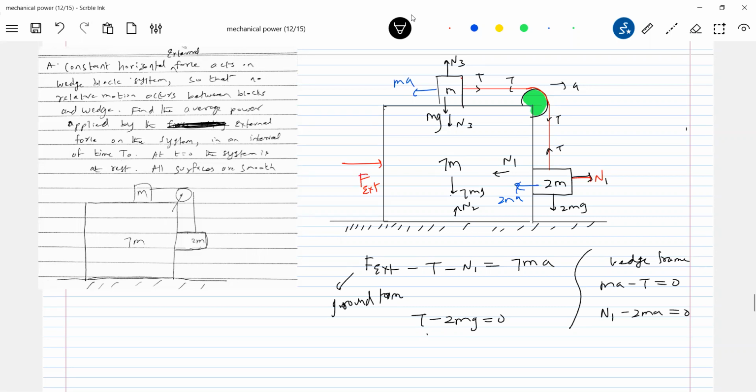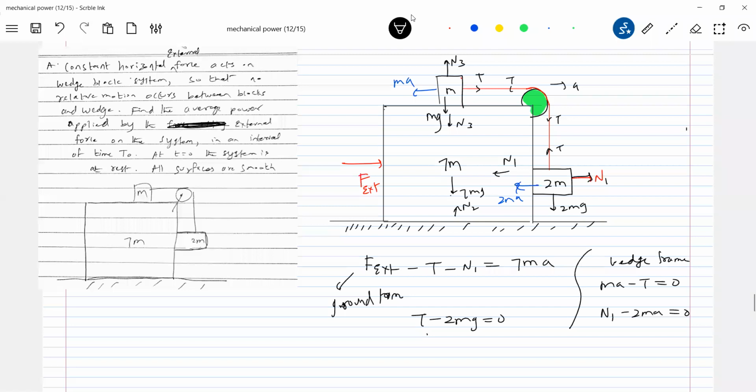Or directly in the ground frame, you can write the equation. What is the only force acting on the system? Applied force. Mass of the system, 10m, into acceleration. So how to calculate that acceleration? Substitute all the values: T should be equal to ma, and N1 equal to 2ma.